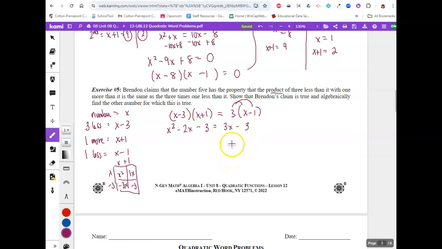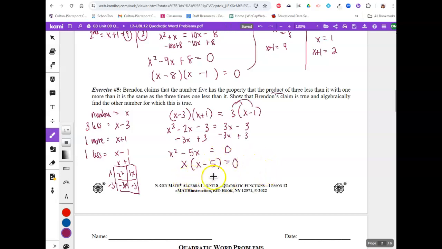Okay, so now this is a quadratic equation. It's got to be equal to 0. I minus the 3x and add the 3. And I get x squared minus 5x. This cancels out, equals 0. Okay, so this is not the box, and it's not difference of squares, so what does that leave? It leaves GCF. So I'm going to GCF out my x, and I'm left with x times x minus 5 is equal to 0.